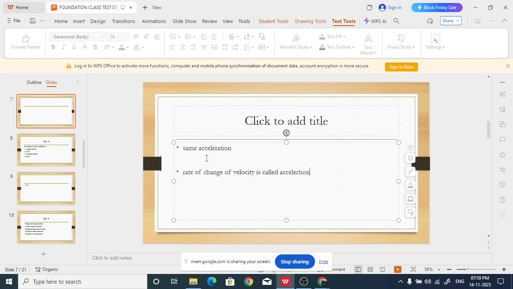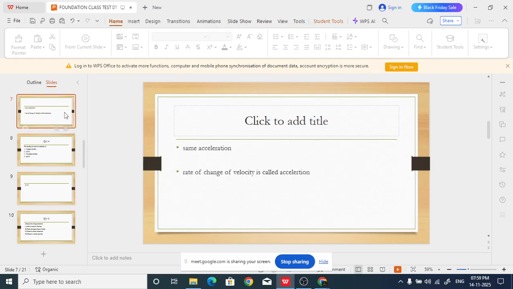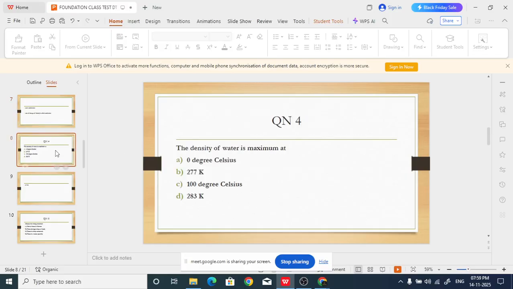Because in a vacuum there is no gravity, no force, the velocity will change uniformly. So that is why we say it will have the same acceleration. Okay. Let's go to question number 4.